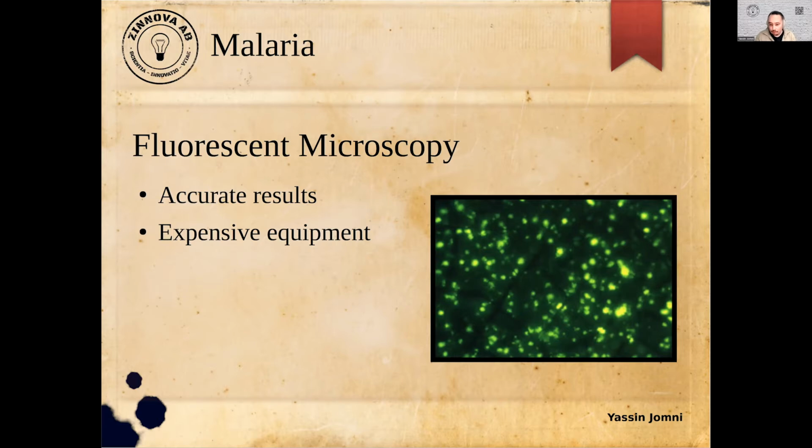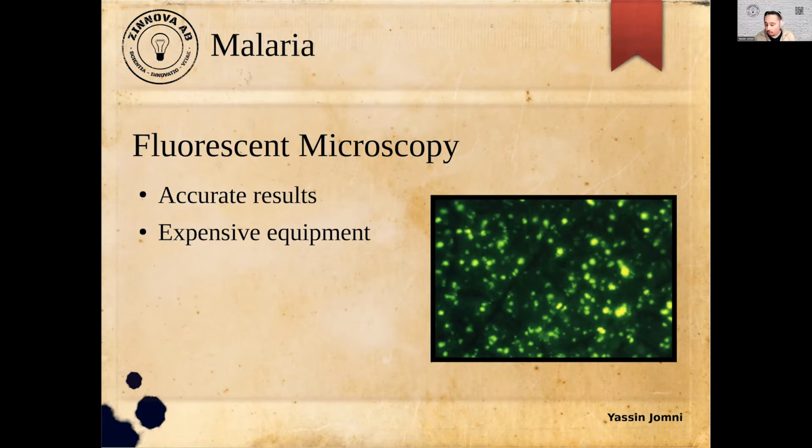Fluorescent microscopy works in a way that you take a drop of blood and you mix it with a substance, and that substance reacts with the DNA of the parasite. So when you put some excitation light on that mixture, the reactant will fluoresce and emit a light that is apple green in the picture.